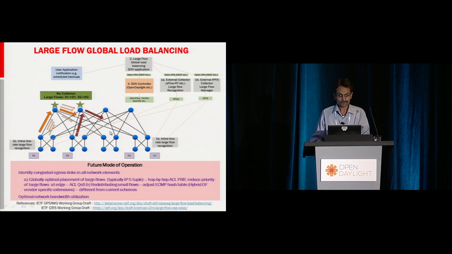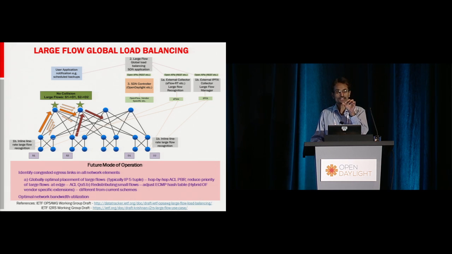Also, the other aspect, the interesting aspect which I think would not have been discussed in the OF use case, is the same idea which you talked about before, redistributing small flows, maximal bin packing, where you adjust the ECMP hash table using hybrid OF vendor-specific extensions to maximize the bandwidth for the other flows.